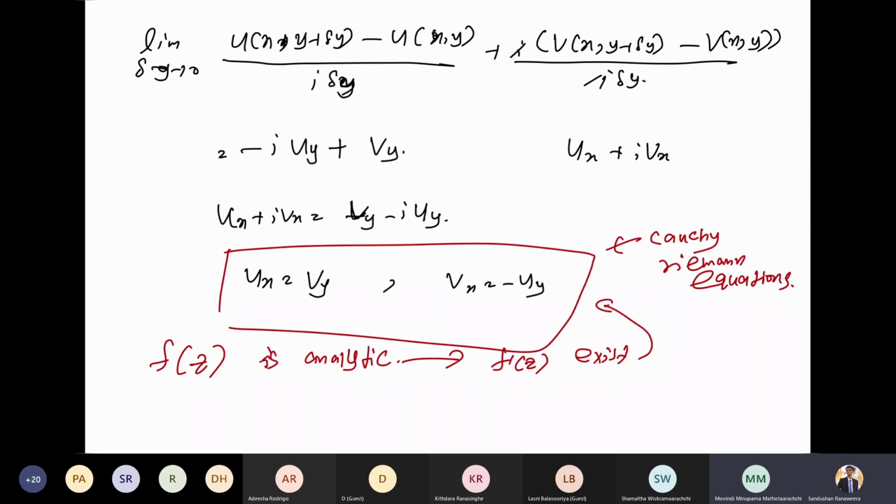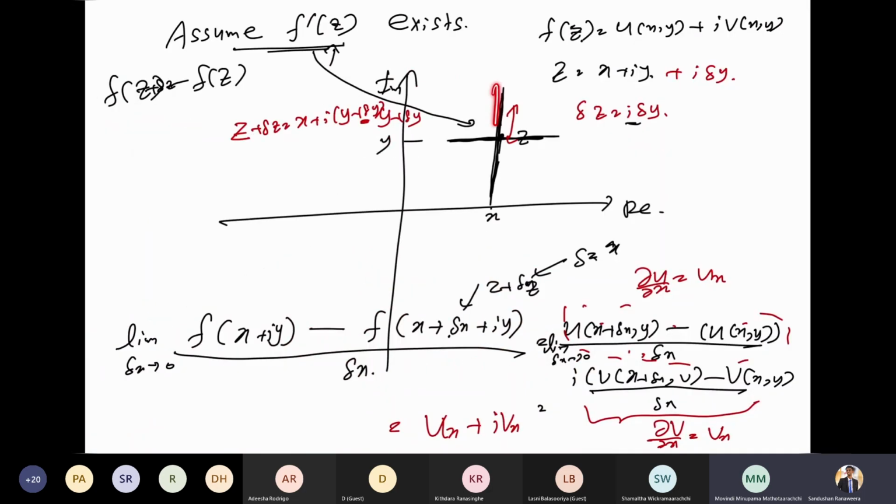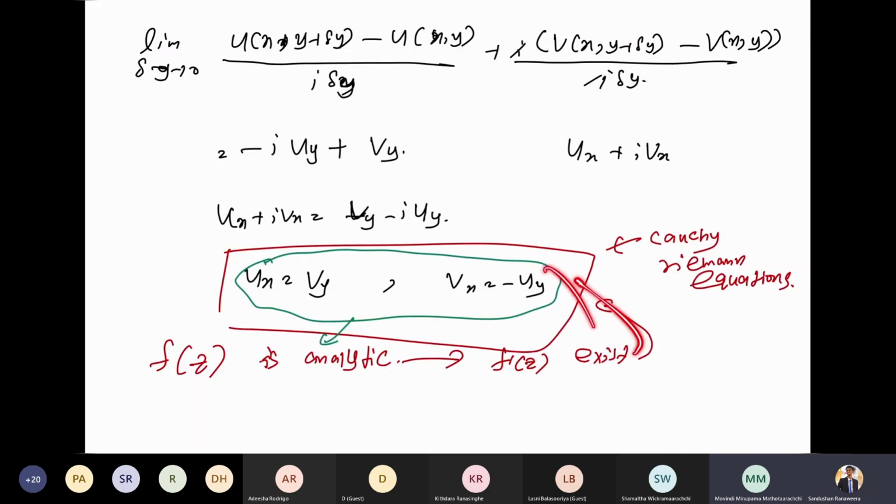But there's no guarantee the converse holds. You can have the Cauchy-Riemann equations, meaning the same limit along this direction and this direction, and still your function can't be analytic. Why? Because it can give a different limit in some of the other directions. We don't know. So this is only true in this direction, not in that direction, except under a few other conditions.